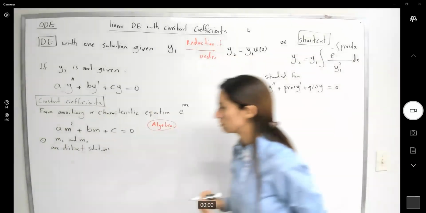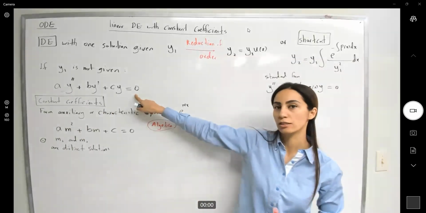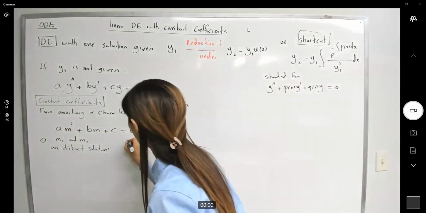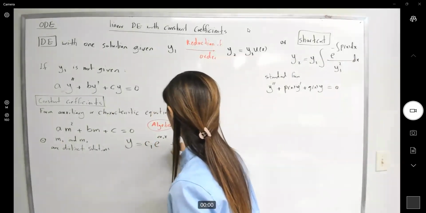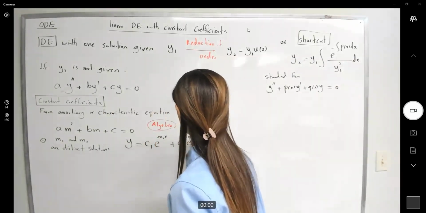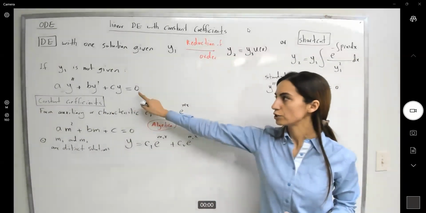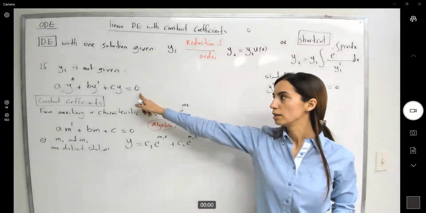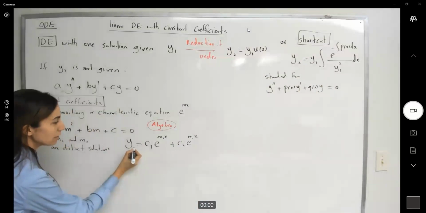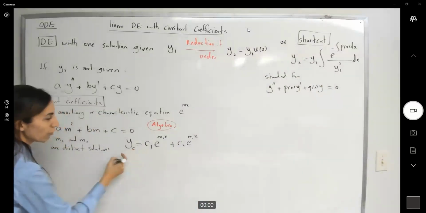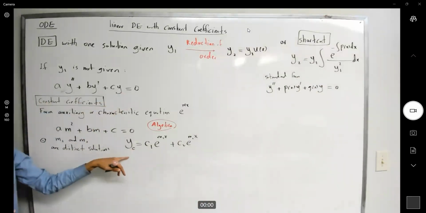In that case, the general solution for this homogeneous differential equation is y equal to c1 e to the m1 x plus c2 e to the m2 x. Later on, we're going to see that when we are dealing with homogeneous linear differential equations, we're going to put a little index c on y and say that the general solution for the homogeneous differential equation is written this way.